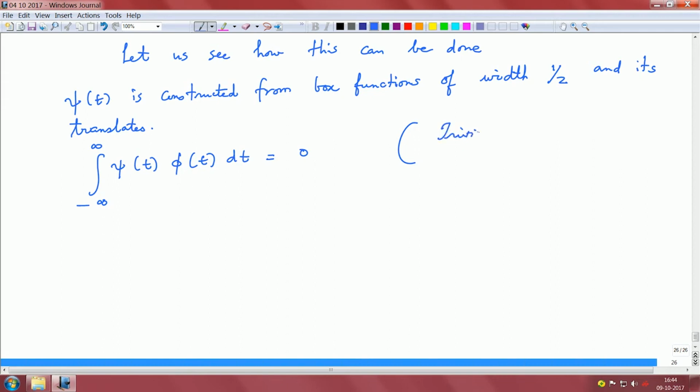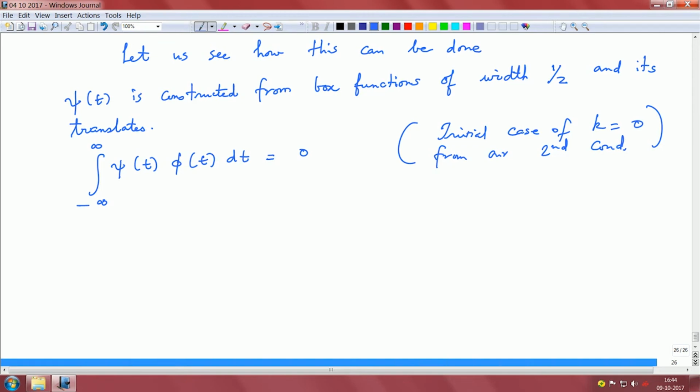let us look at the trivial case of k equals 0 from our second condition, right. So, phi of t minus k, I said phi of t where k equals 0.